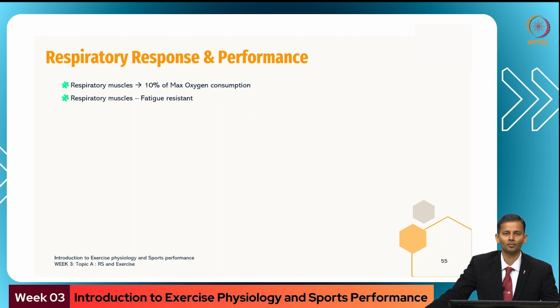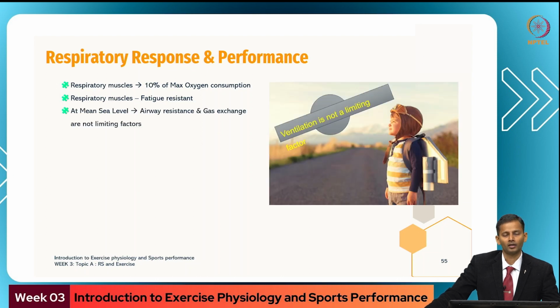Over a period of time, they become more resistant to fatigue. At mean sea level, where there is not much influence of the atmospheric pressure on the pressure gradient, it is generally seen that with a normal airway resistance and gas exchange, these are not limiting factors. The pulmonary system doesn't become a major limiting factor in performance.